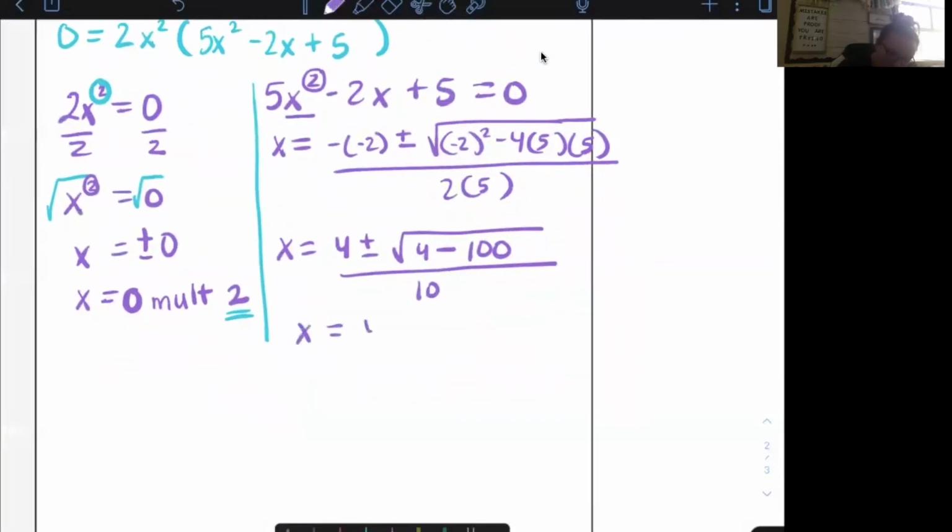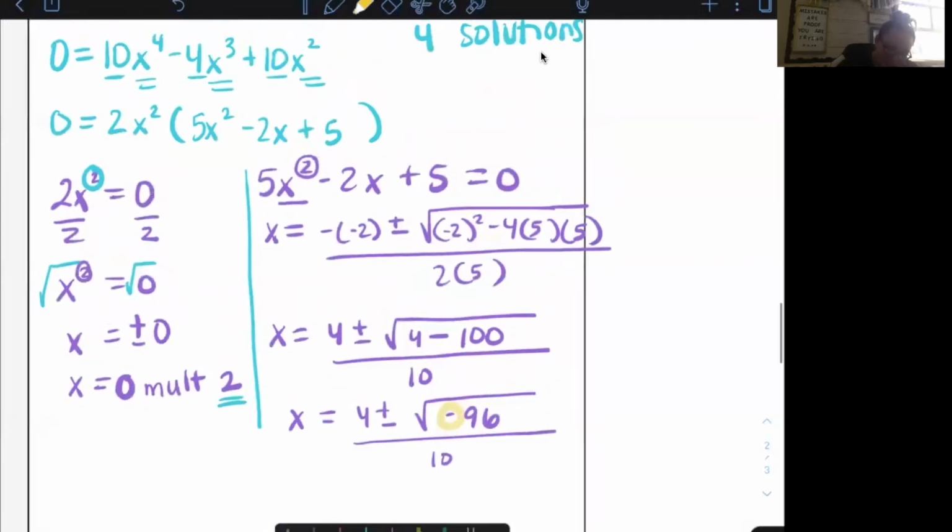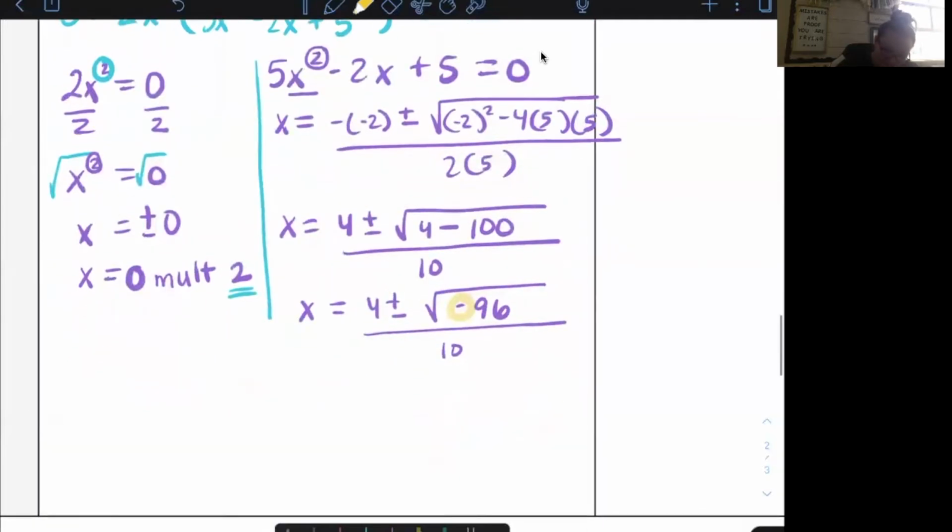So x is equal to 2 plus or minus the square root of negative 96, all over 10. Now this is why this wasn't factorable, because we've got a negative under a radical, which means we're going to have imaginary solutions here because we're going to have to use i. All right, so x is equal to 2 plus or minus the square root. I'm going to replace this with negative 1 times 96, all over 10.